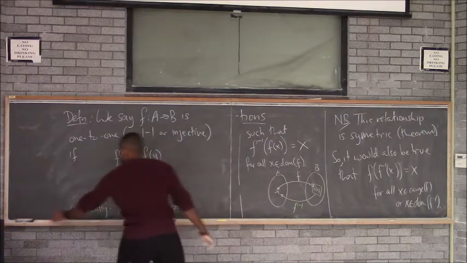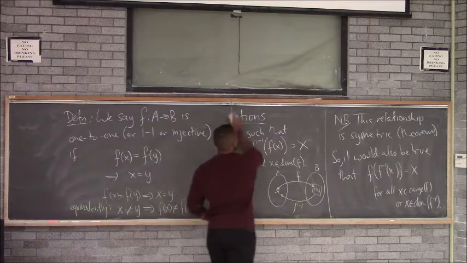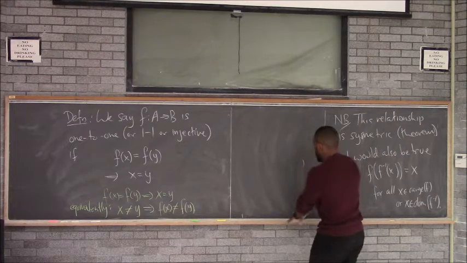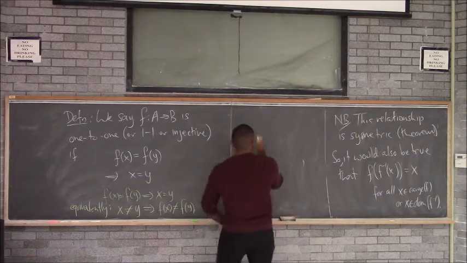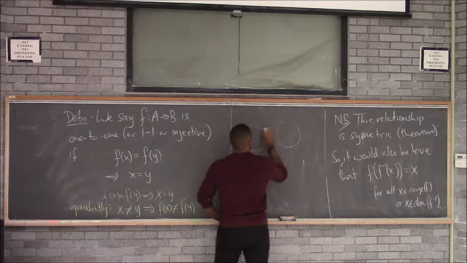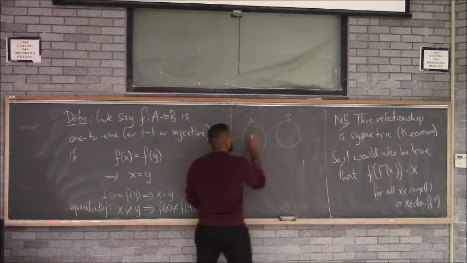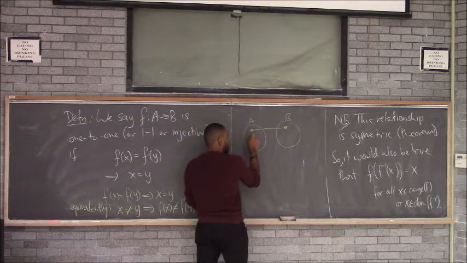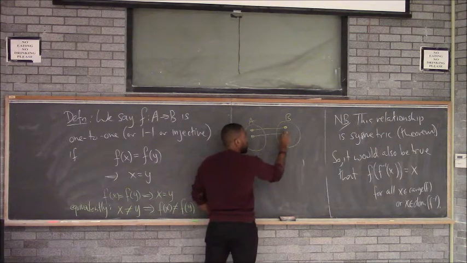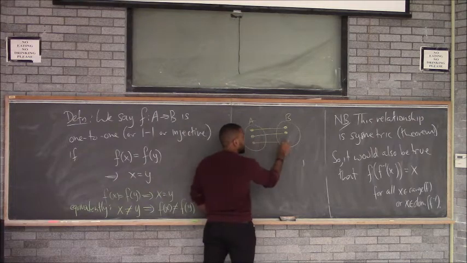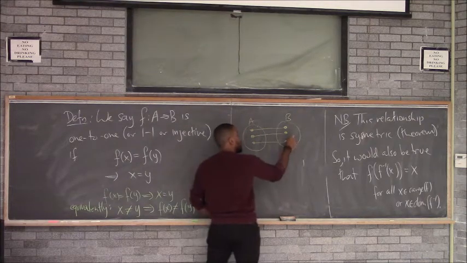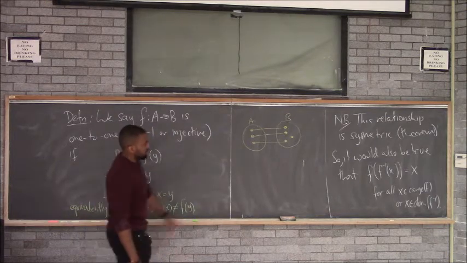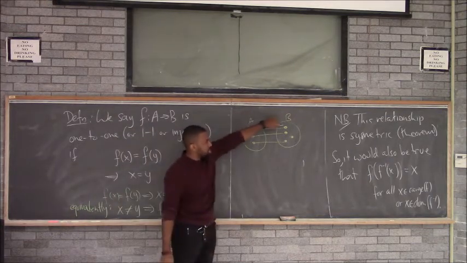Now, what does a one-to-one function look like exactly? As a mapping diagram, it's going to look like this. One point here will connect to one point there. Another point here is going to connect to someone else, and another point to someone else. You might have other points not connected, that's fine, but there's only one line coming from here to each guy there.